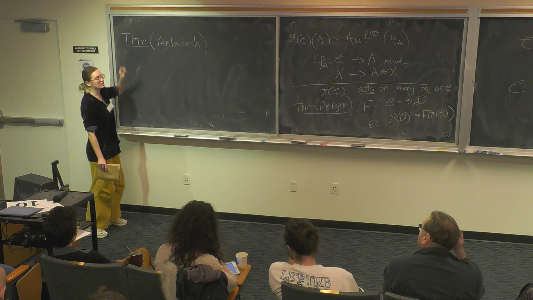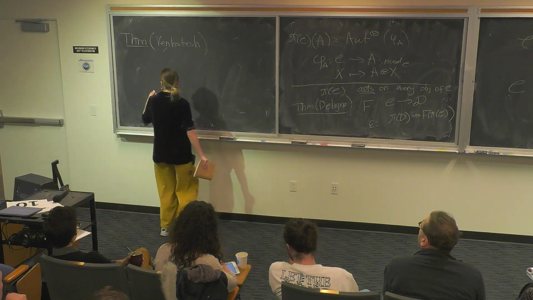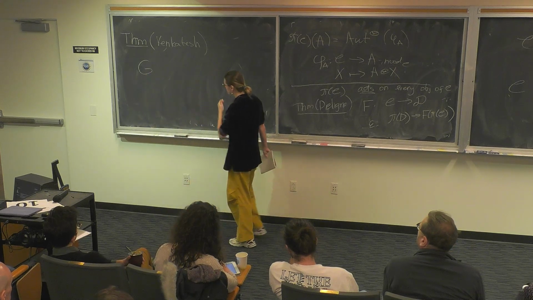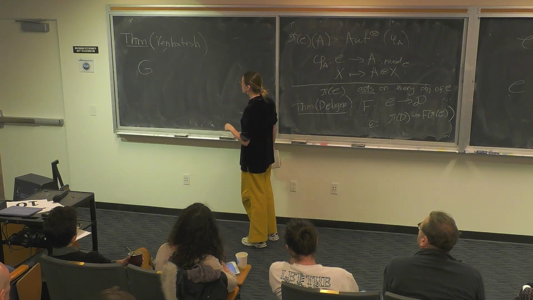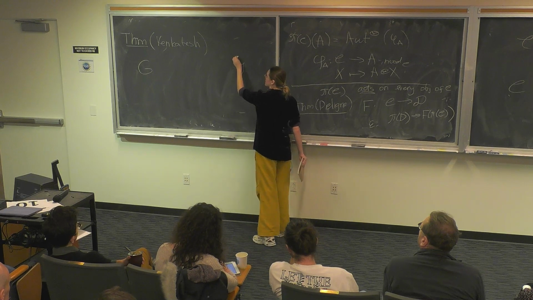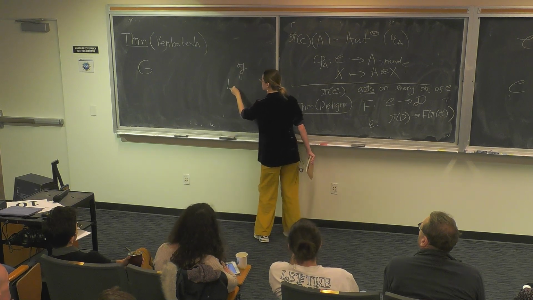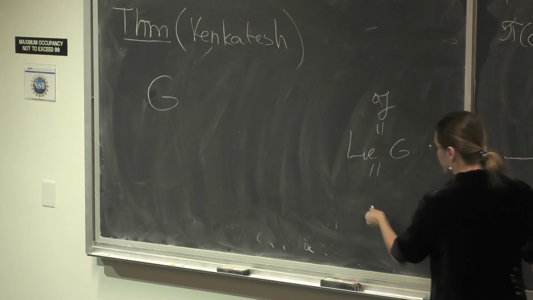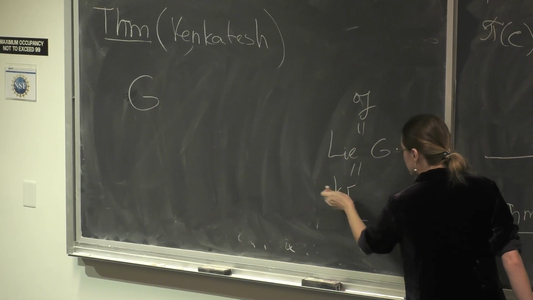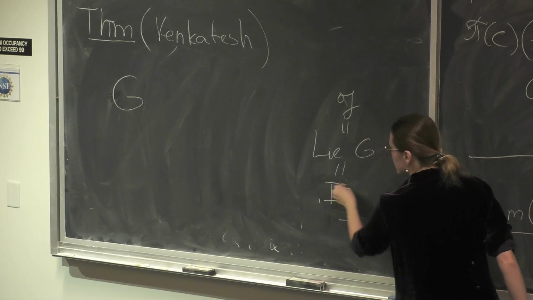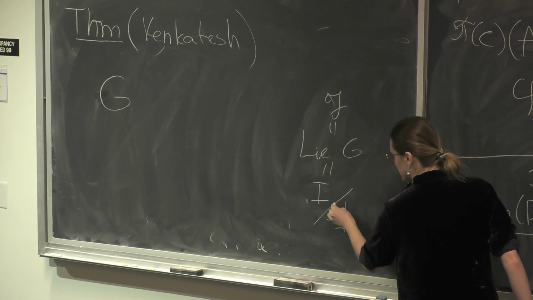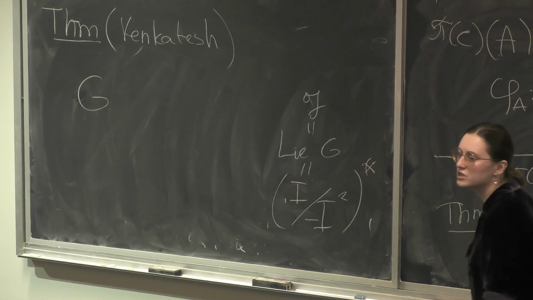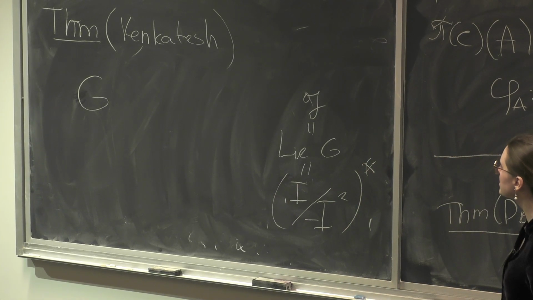So to any group scheme, we can assign the Lie algebra of G, defined in the same way as before. Inside K of G, there is an augmentation ideal. You can look at this augmentation ideal modulo this ideal squared and take the dual, and that's going to be the Lie algebra of G.